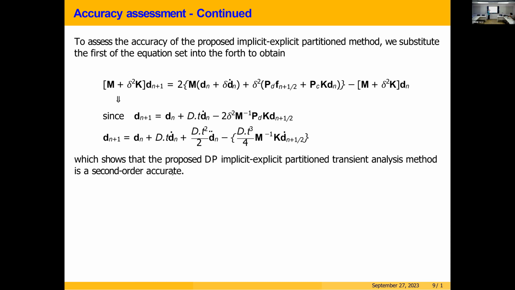What it does is, up to the second order, it matches the Taylor series expansion, and only in the third order, in order for this to match, it has to add delta t cubed over 12 times this quantity. But there's obviously an error, which means this is only second order accurate. It's not as accurate as a fully implicit method either.